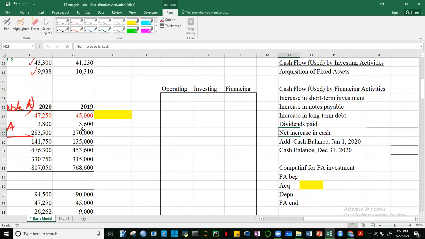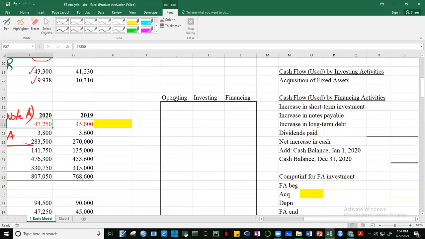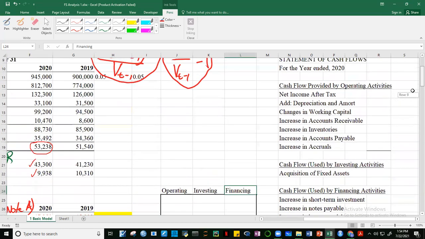Dapat we should come up with 47,250 at the end, no? Ito. Dapat papalabasin natin tong 47,250. Okay. In order for us to do this, the best way to do this is to first create a template. Create tayong template, ilagay natin yung operating, investing, and financing para after this, isi-shoot na lang natin dito. Madali na natin ma-construct to, no?